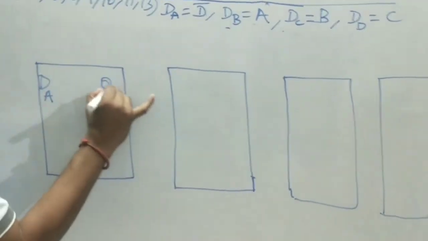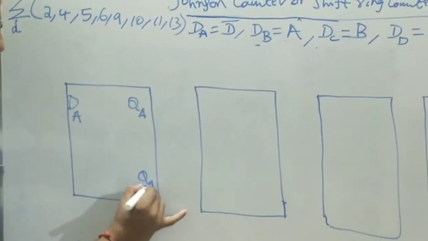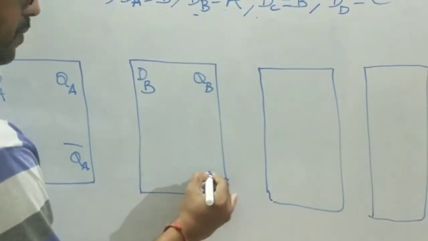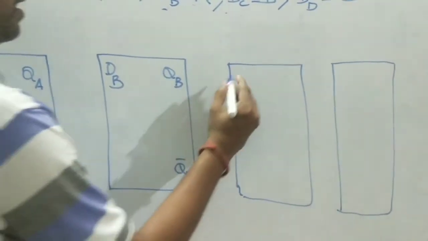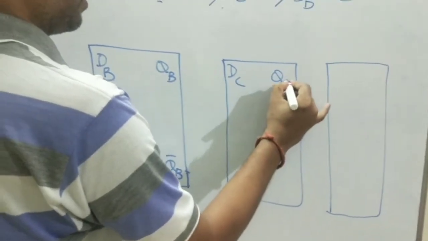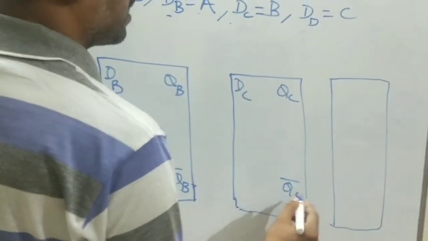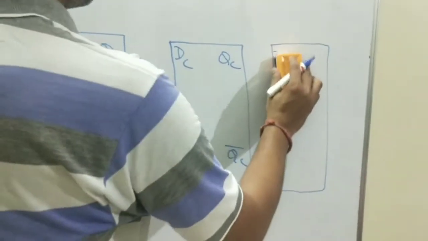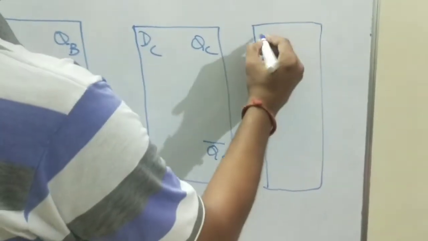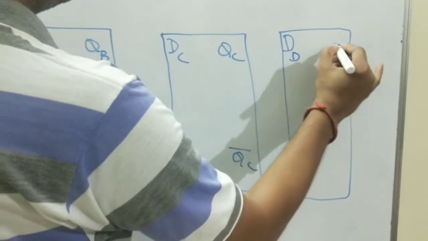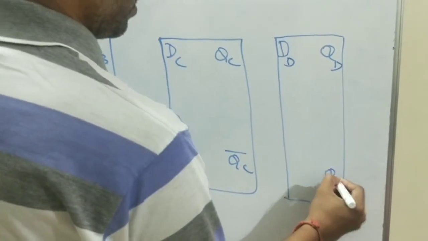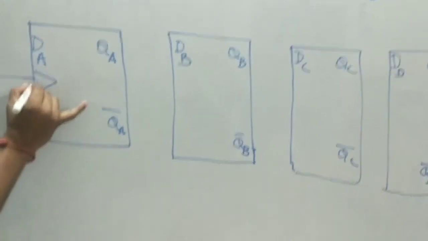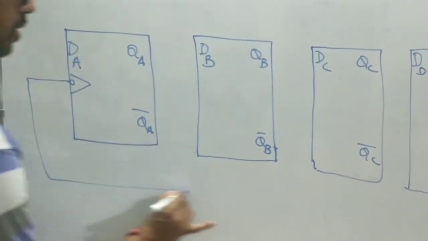DA, QA, QA dash, DB, QB, QB dash, and then DC, QC, QC dash, and then DD, QD, QD dash. Then we have to apply the synchronous clock pulse to all the flip-flops.